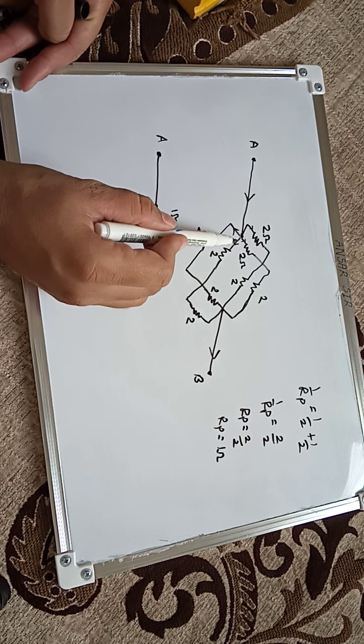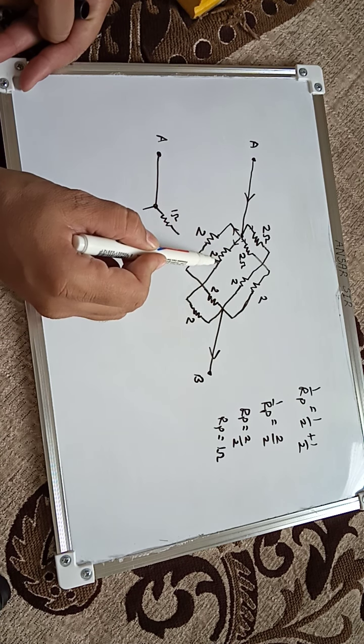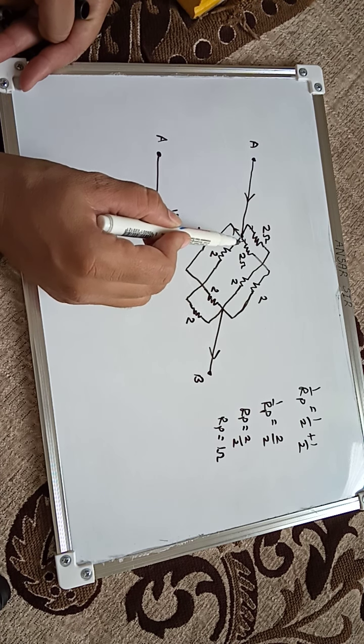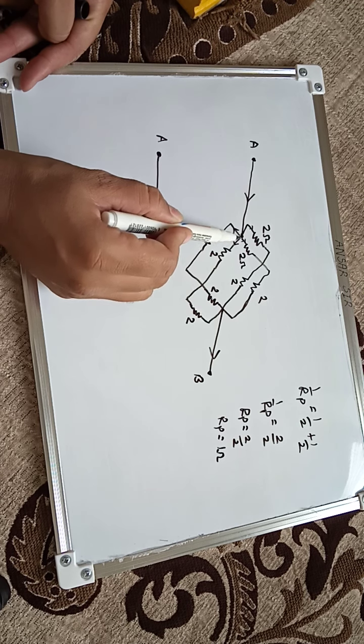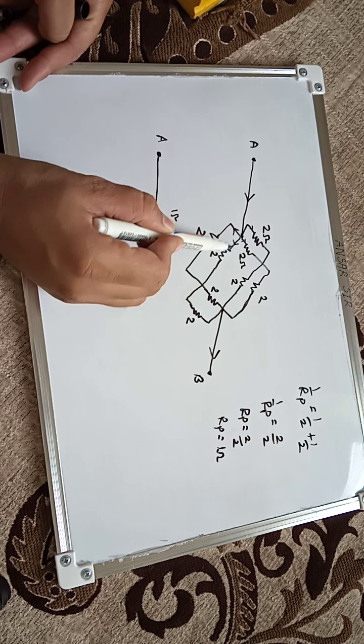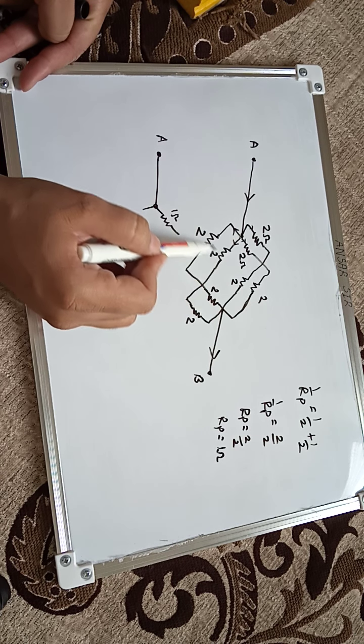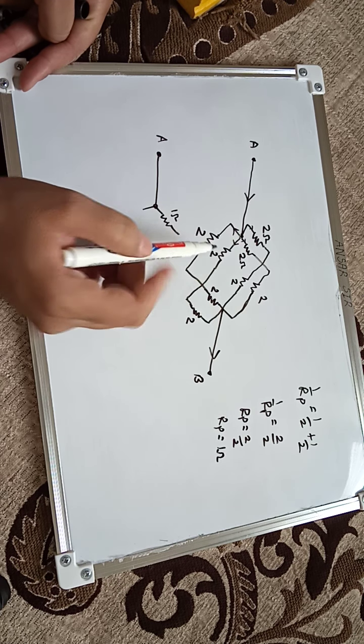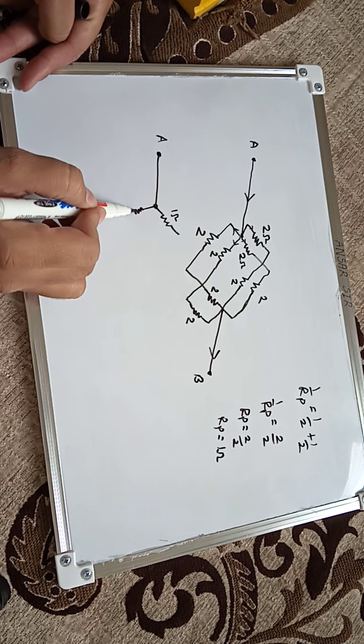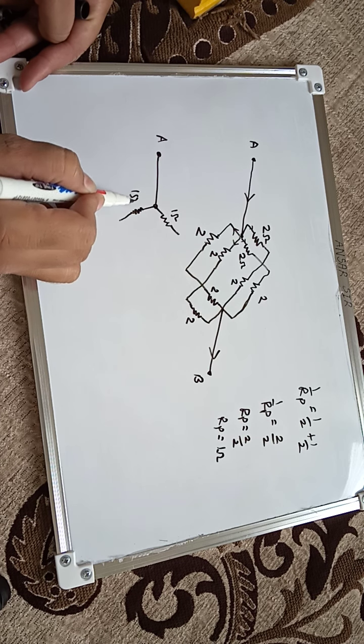And see here, this resistance, we can give it a name also, but I am not giving any name. The current is divided into lower 2 branches, this branch and this branch. So these 2 branches are connected in parallel. So the resultant resistance of these 2 ohm will be 1 ohm. So I will write it as their resultant will be 1 ohm.